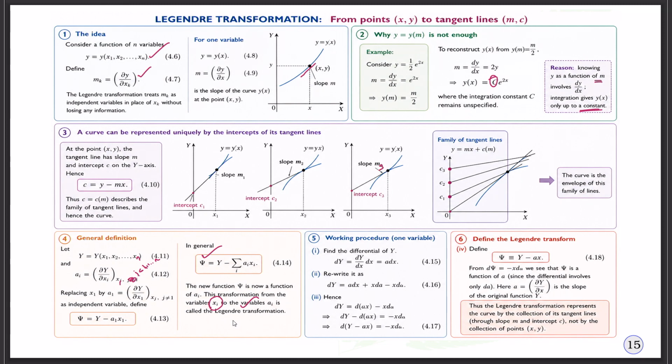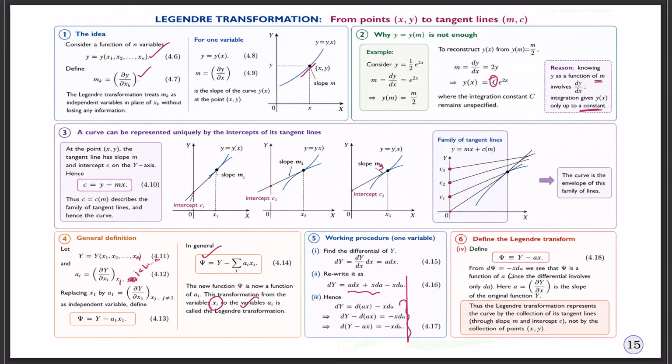The working procedure for the one variable case: find the differentiation of y, then write dy as dy by dx times dx, that is, dy equal to a dx. Rewrite this in this form, and finally it can be written in this form. That defines the Legendre transform: phi equal to y minus ax.